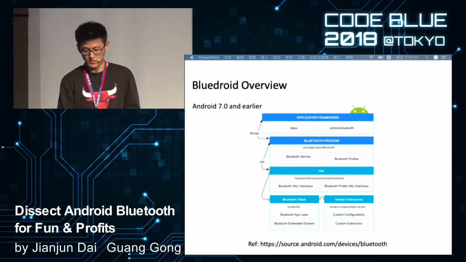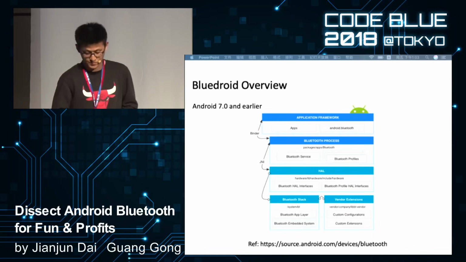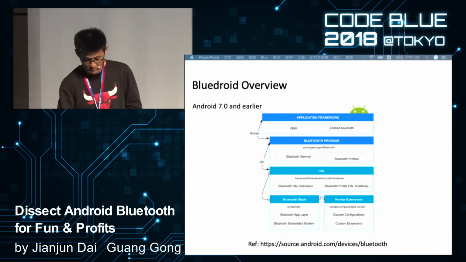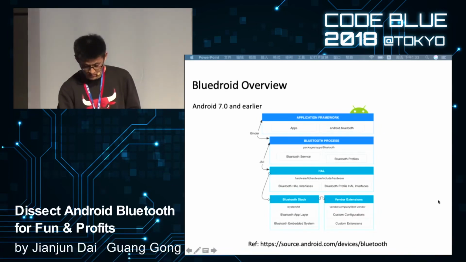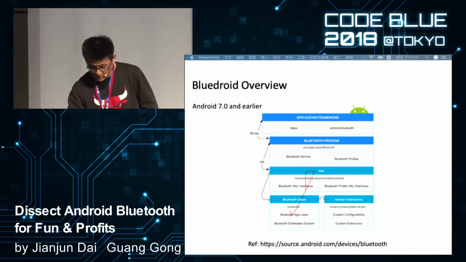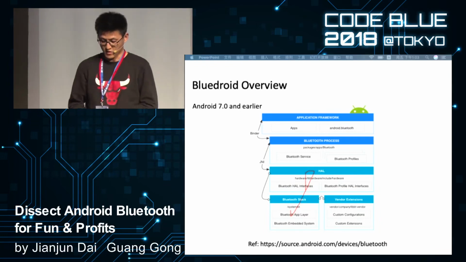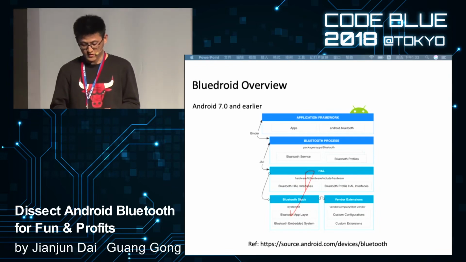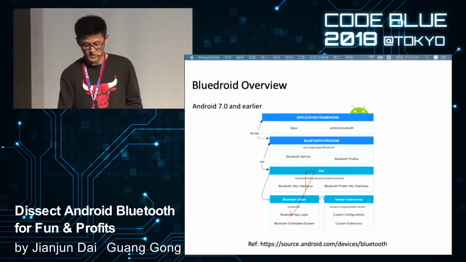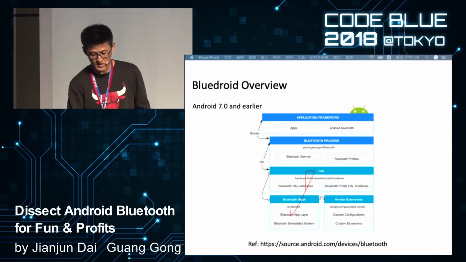The default Bluetooth stack is located in system/bt. The stack implements all the protocols and the vendor Bluetooth HAL, but Android 8 is a bit different.